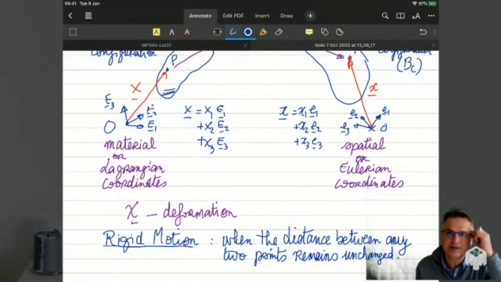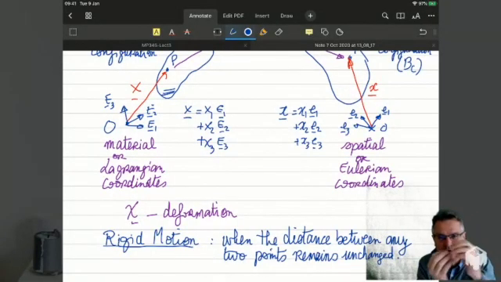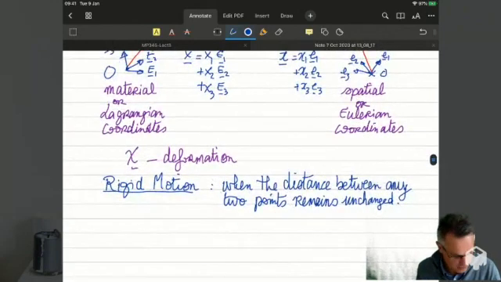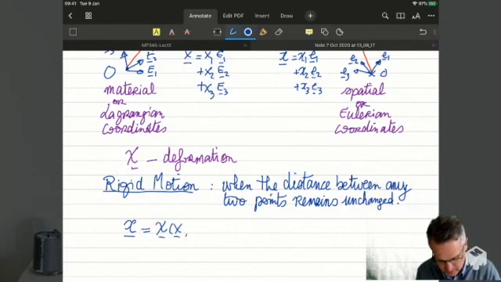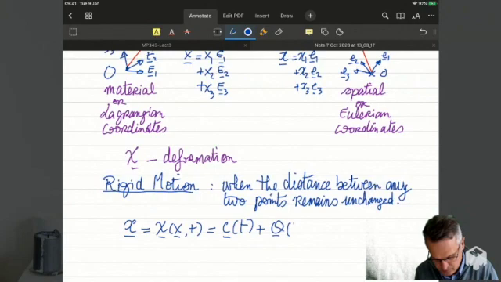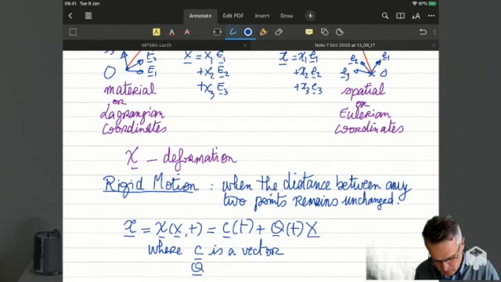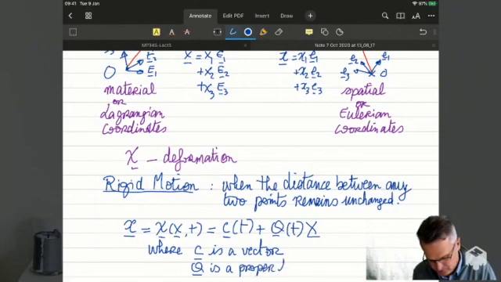But now if the body is soft, then points might pull apart, come together, and so on and so forth. And so I'm just going to write here this motion: x plus Qx, where c is a vector and Q is a proper orthogonal tensor.